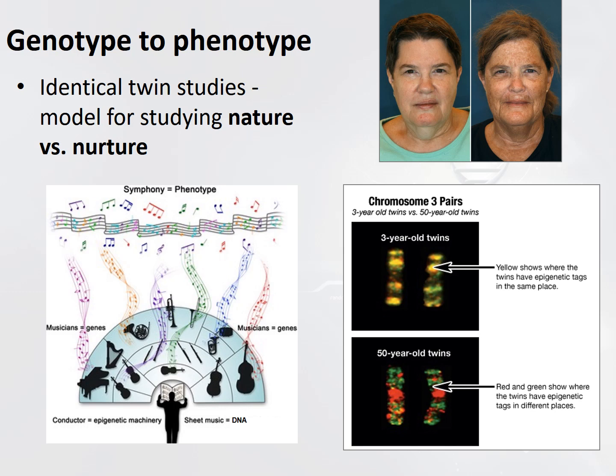Therefore, if you want to look at it as an analogy, nature provides the music sheet. So the DNA is basically the music sheet. However, in order to interpret the music and to produce music, which is basically the phenotype, you need a conductor to give its own interpretation, and you need musicians, which are the genes or the mRNA, to produce the music.